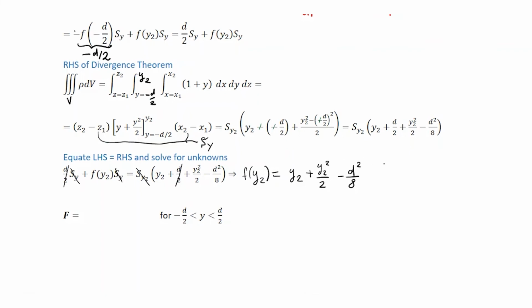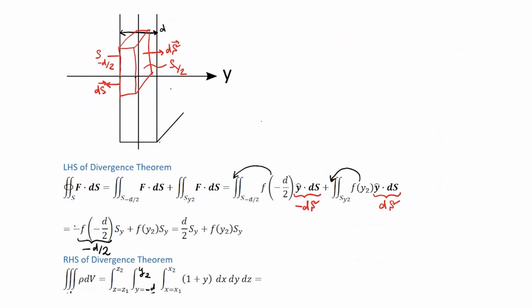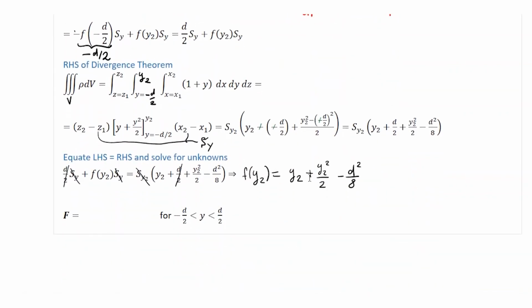Now we figured out that we have this slab, and on this surface, our field has a y component given by the location of the surface plus the location of the surface squared over 2 minus d squared over 8. So for an arbitrary location, arbitrary would be just y, we would have a y component given by this.